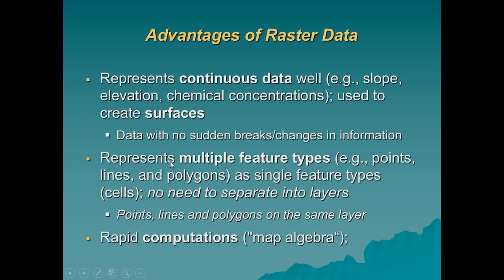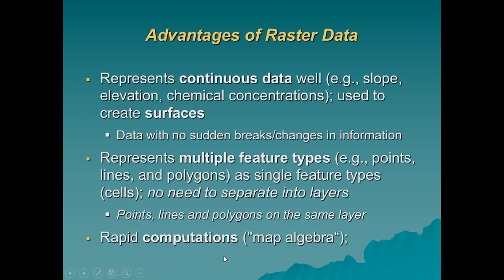The raster data represents multiple features. So as you have seen before, you can find points, lines, and polygon features on a single raster data layer. Note that in the vector representation, you would separate those types of information into layers, and then you can overlay them on each other.